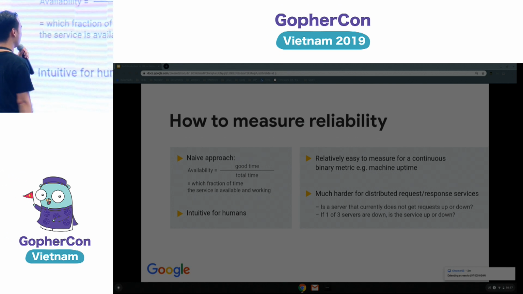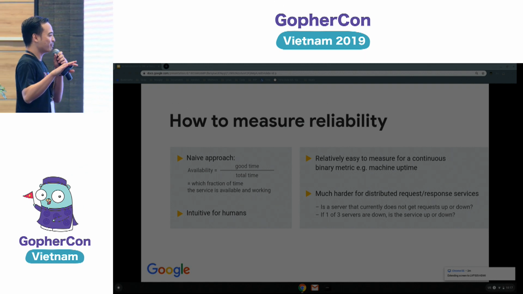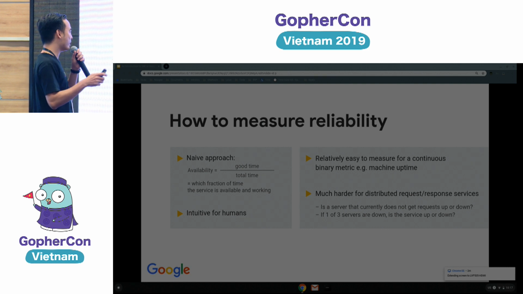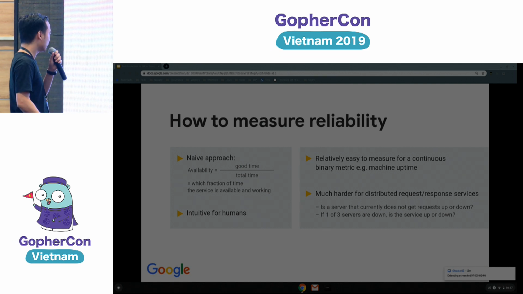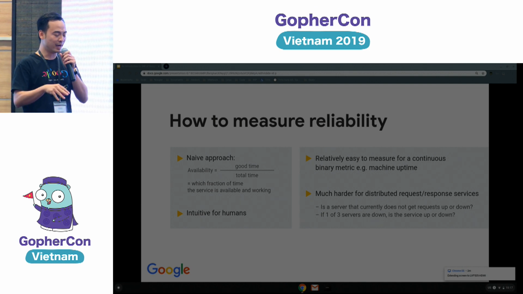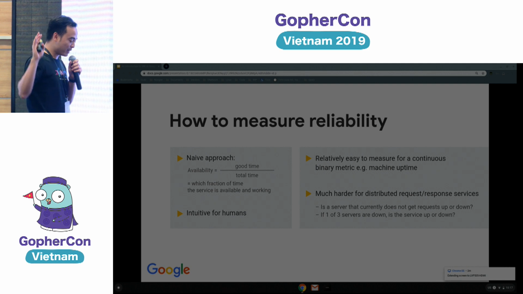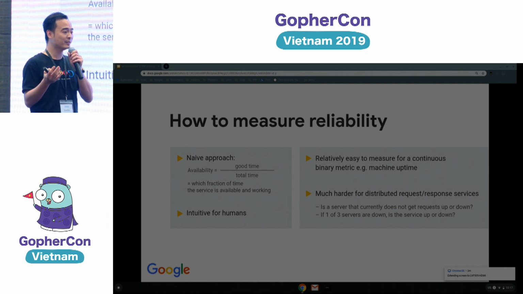Let's first start with measuring reliability. The most simple way is that we measure by good time divided by total time, say, server up and server down. This method is very simple, very easy for humans to understand.